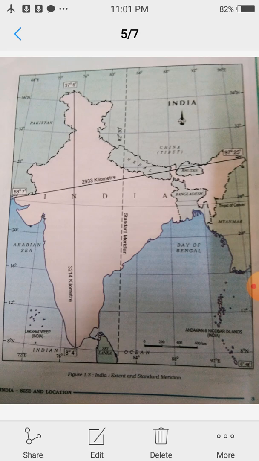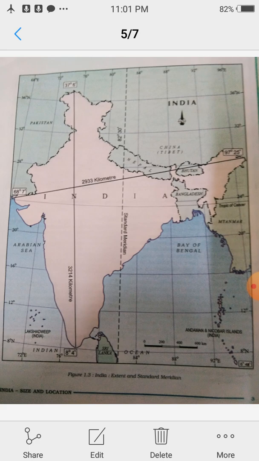Mirzapur is in Uttar Pradesh, and it is taken as the standard time because there is a time difference of 2 hours from east to west, that is Gujarat to Arunachal Pradesh. That is why the standard meridian, 82°30' east passing through Mirzapur, is known as the standard time for the whole country.